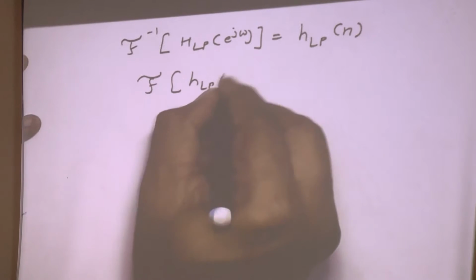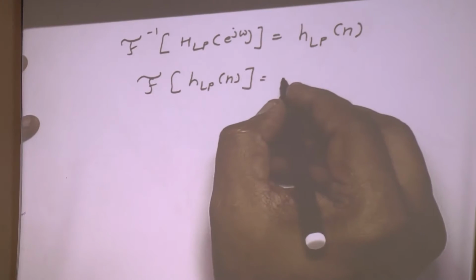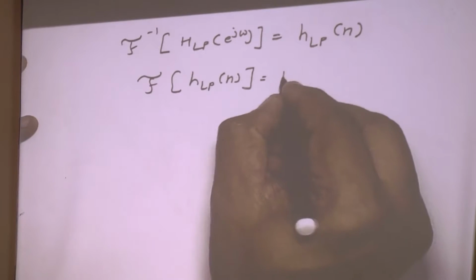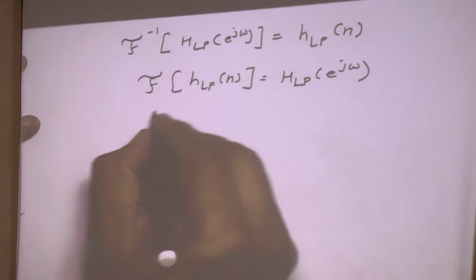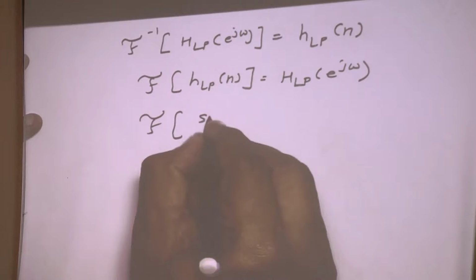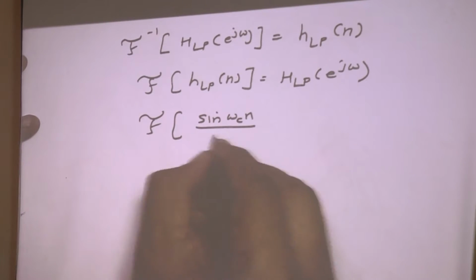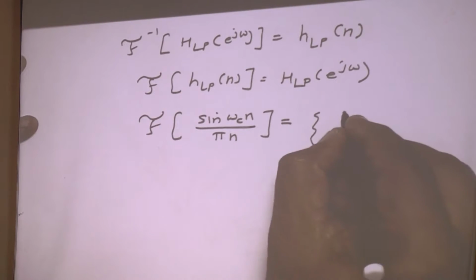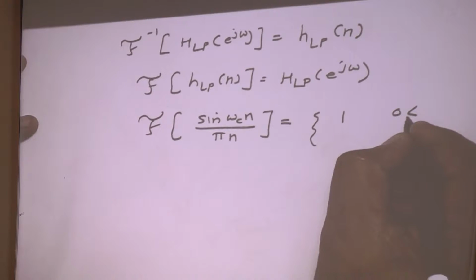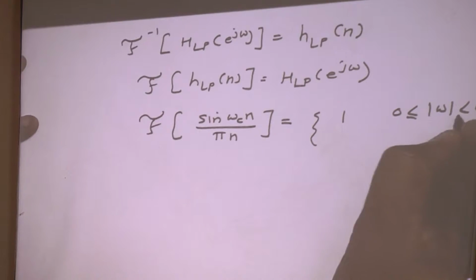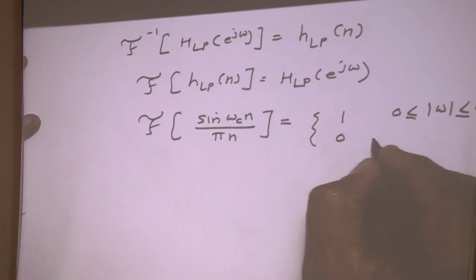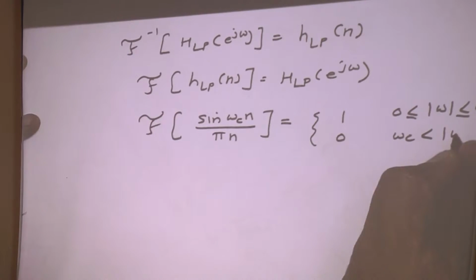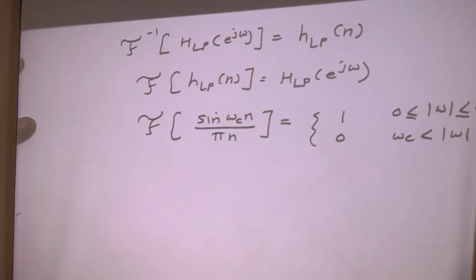This also implies that the Fourier transform of HLPn is equal to capital HLP e to the power j omega, which means whatever we have proved is that the Fourier transform of sine of omega c n divided by pi n is constant 1 for 0 less than or equal to mod omega less than or equal to omega c, and 0 for omega c less than mod omega less than or equal to pi.